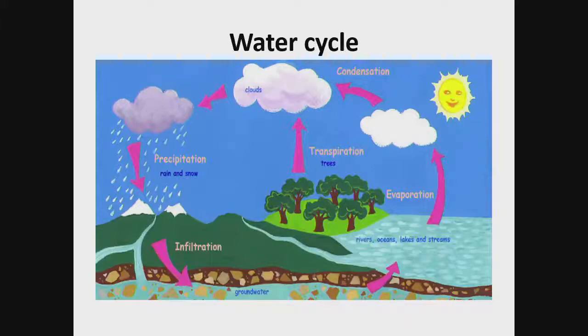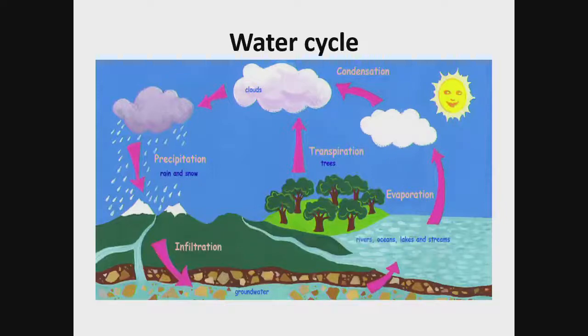Condensation, then this cloud melts up in the atmosphere and comes back on earth as rain or snow, and the process is called precipitation.